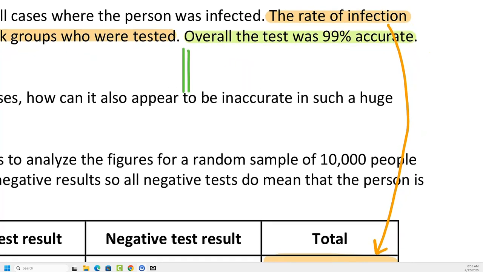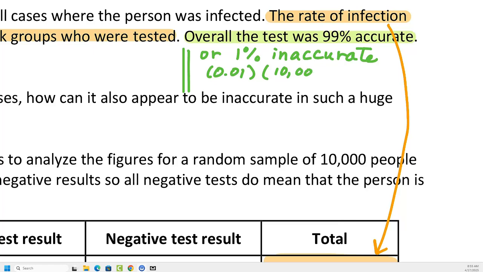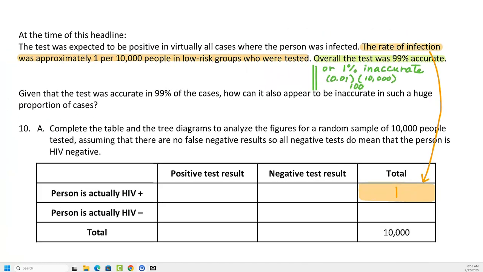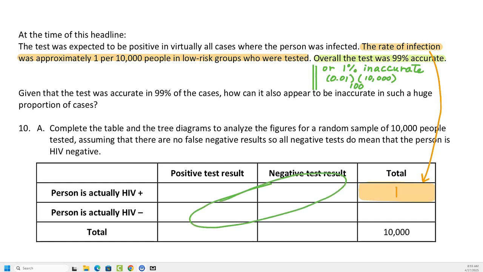And so you have to kind of break that up over two. Or we can say that it's 1% inaccurate. Do you agree with that? So 1%, that's 0.01, of the 10,000 is 100. So that means that these two, that's when it's inaccurate, have to add up to 100.